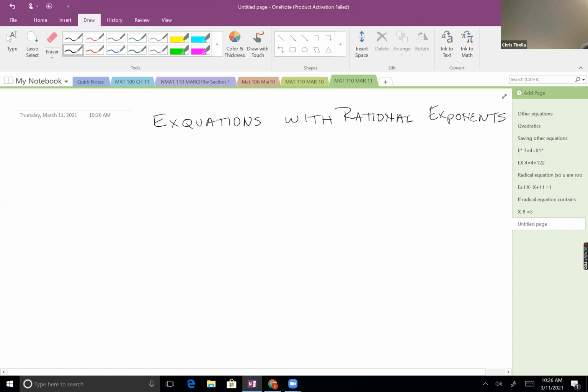And hopefully everybody looks at the word rational and sees inside it the word ratio, which reminds me that I'm talking about exponents that are fractions.